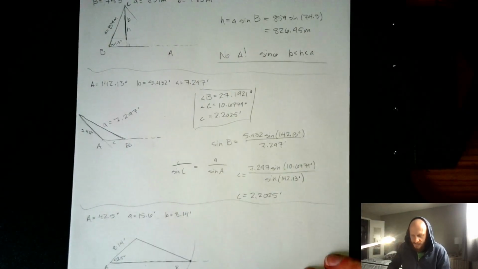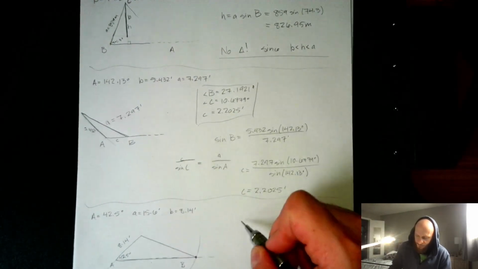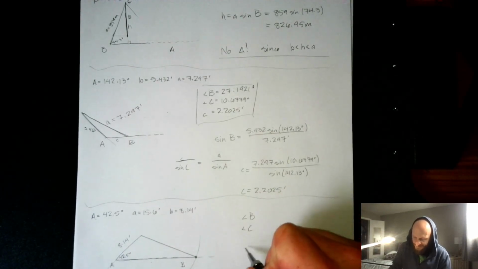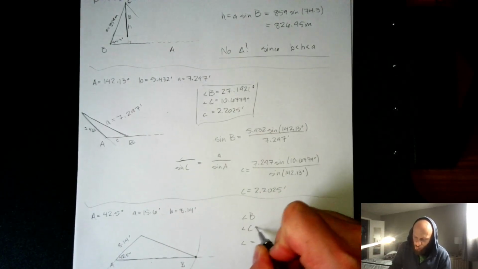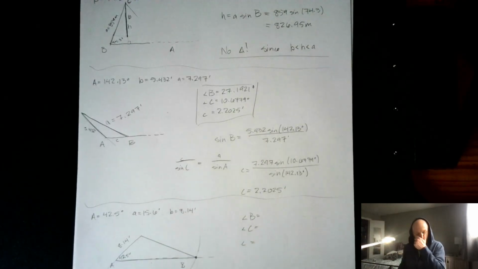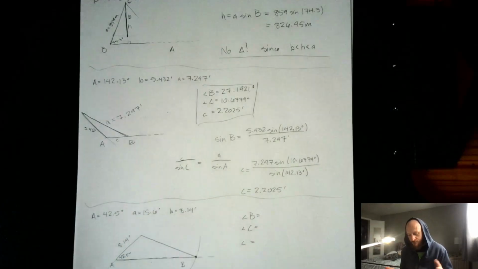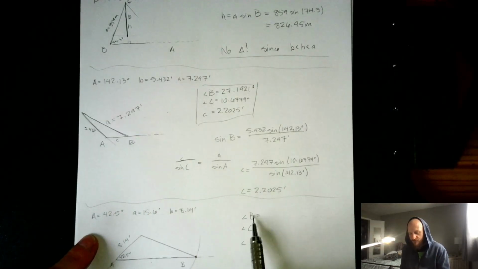Okie dokie. So, what do we need? We need angle B, we need angle C, and we need side C, as usual. Well, what can we get? We have to grab angle B first.